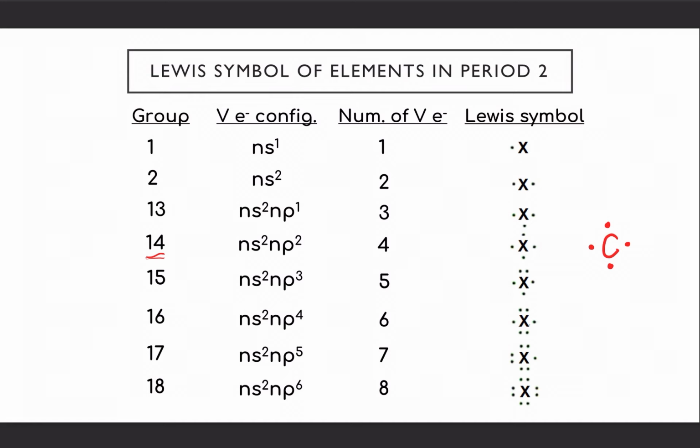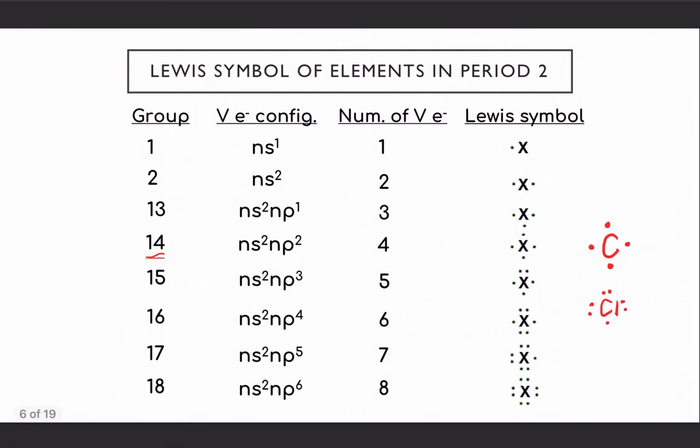So for example, chlorine. Earlier for chlorine we had 1, 2, sorry, not like that. 1, 2, 3, 4, 5, 6, 7. So from here we know that chlorine can form 1 bond, while this one, carbon, has 4 bonds.